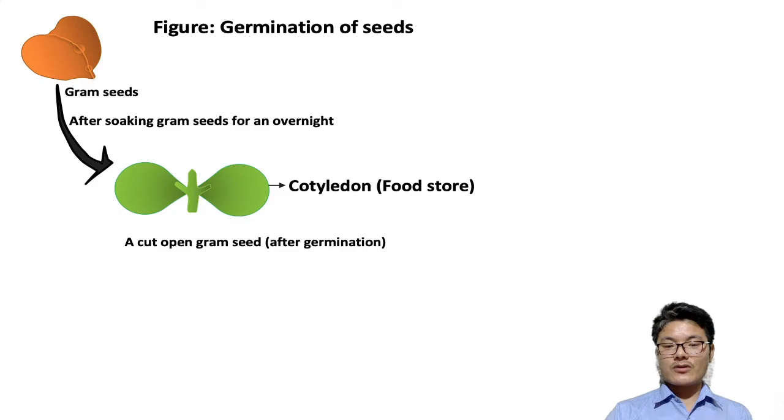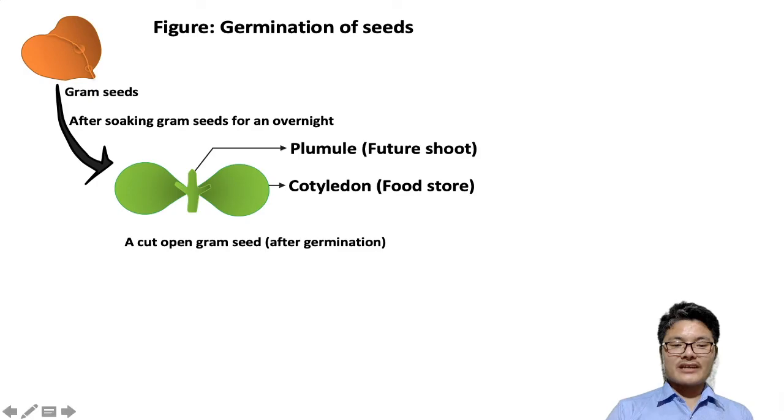So cotyledon will be food for the germinating embryo, and we have a tiny portion at the upper part, which is called the plumule, and the plumule is the future shoot, the future aerial part of the plant. So the plumule will be developing into stem, branches, leaves and other parts which are above the ground.